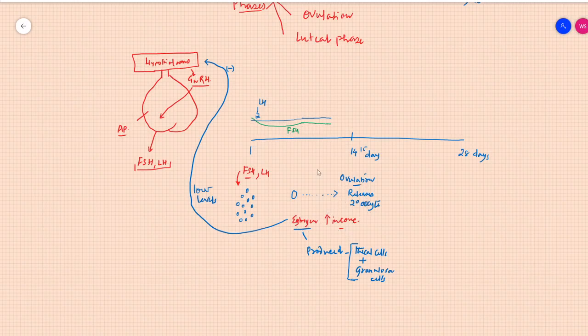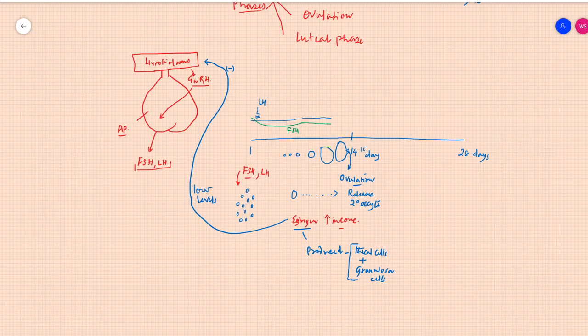After that, what happens? The follicles become bigger in size. So by nearing the 14th day, midday of the cycle, the follicles increase in size, and here there is release of the ovum, this ovulation. Up to this stage, the follicles are very, very small, really small.